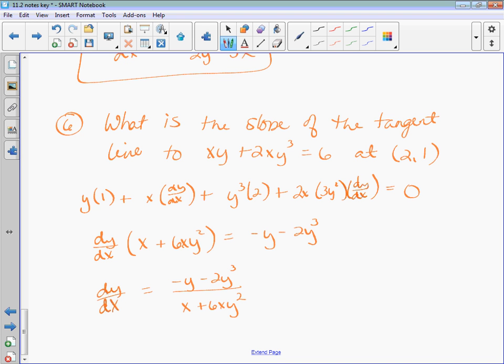Guys, make sure you've got the derivative right before you plug in the point. Negative y minus 2y cubed over x plus 6xy squared. Okay. And then you're just plugging in that 2 and 1.